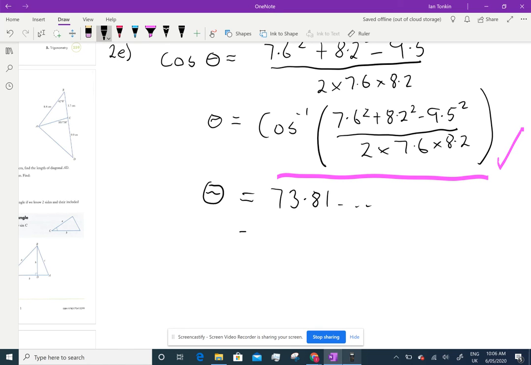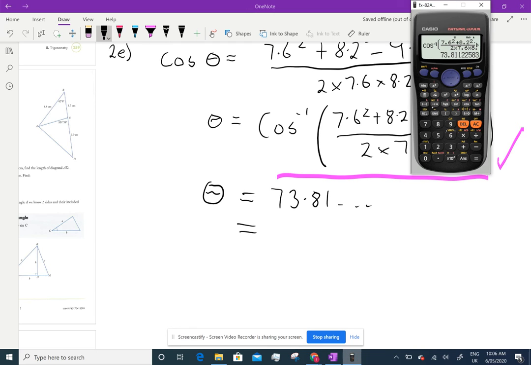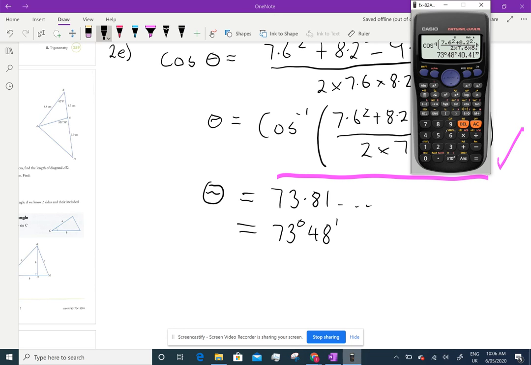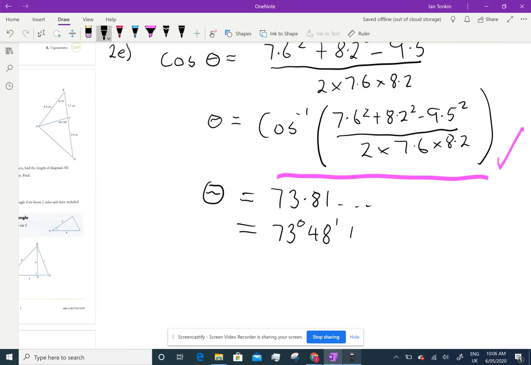Let's go back and get this in degrees, minutes, and seconds. So we just press that button. 73 degrees, 49 minutes. You can write all of it down. So 73 degrees, 48 minutes. What was it? 40 seconds, which is 73 degrees, 49 minutes.